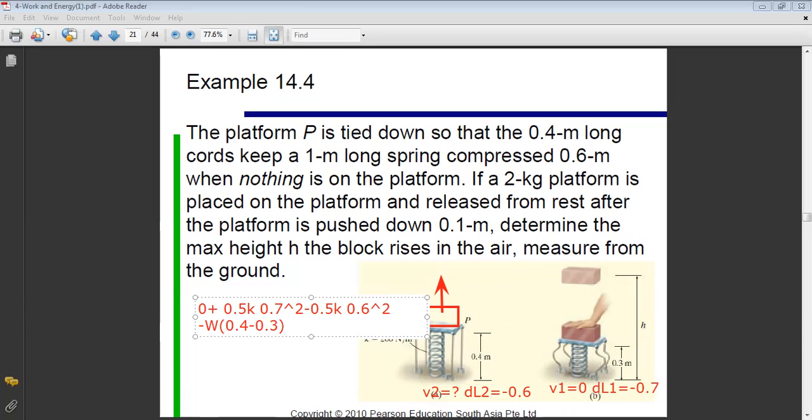Okay, equals, on the other side, the kinetic energy, which is half times the mass of the box, which is 2, times v squared. So the only unknown in this equation is the velocity. So I can calculate the velocity of the block when it will leave the plate. Okay. Any question on this?